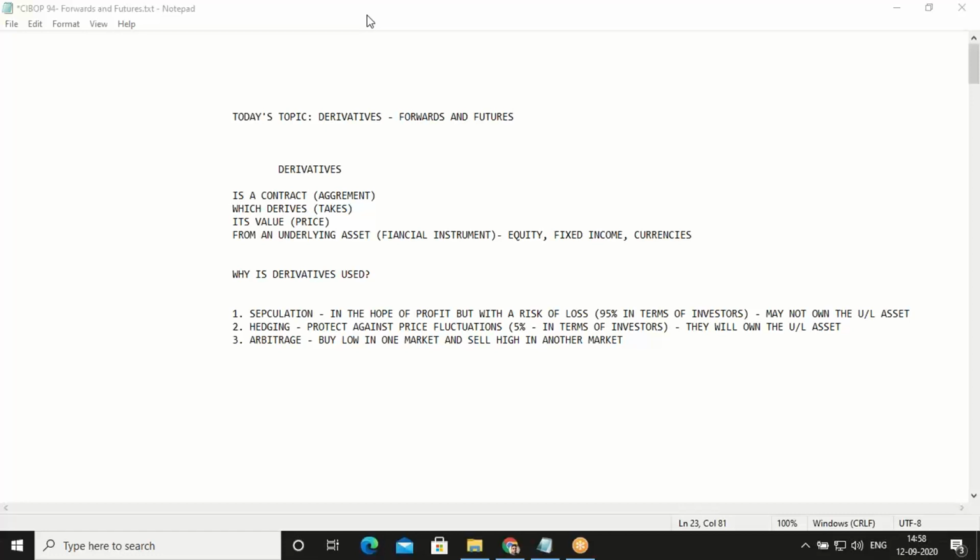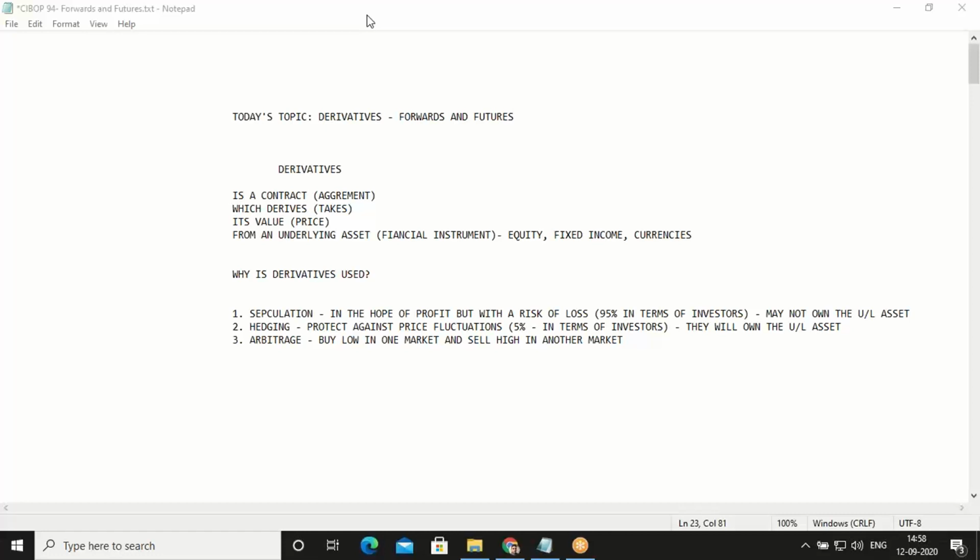Nikhil, can you tell me what you are saying? You said if you own the underlying asset, can you elaborate on this? Let's say you bought 10,000 shares of Infosys in the cash market.